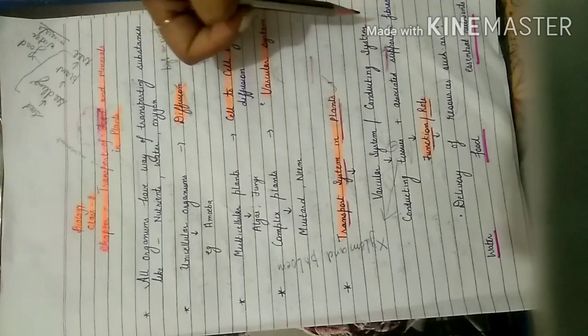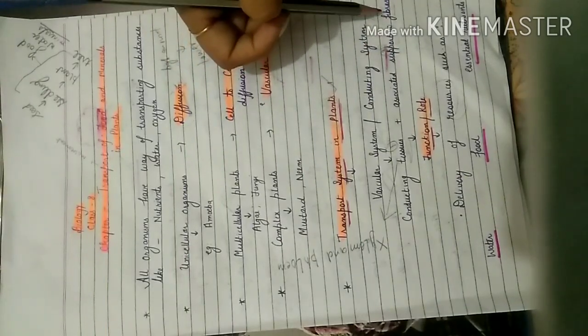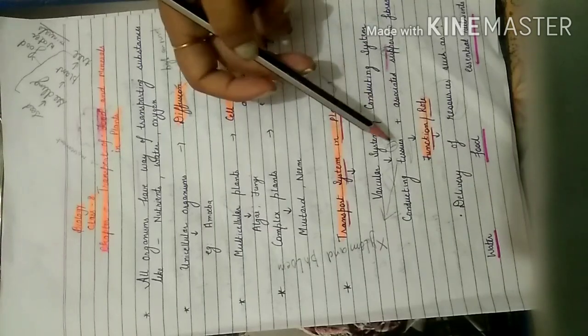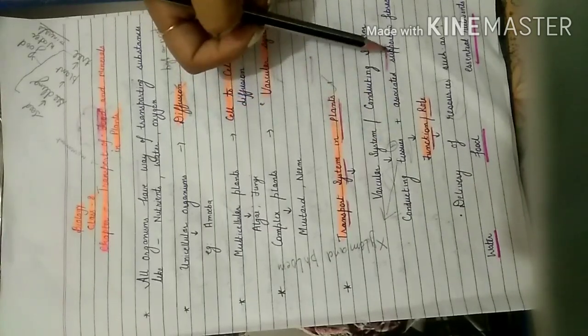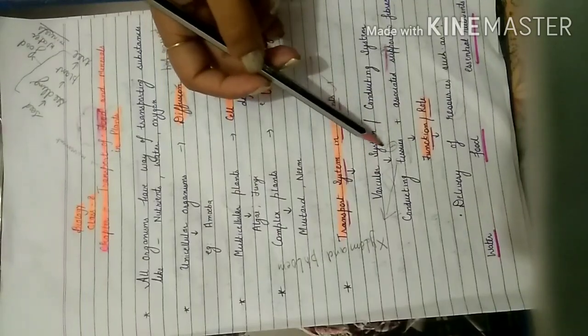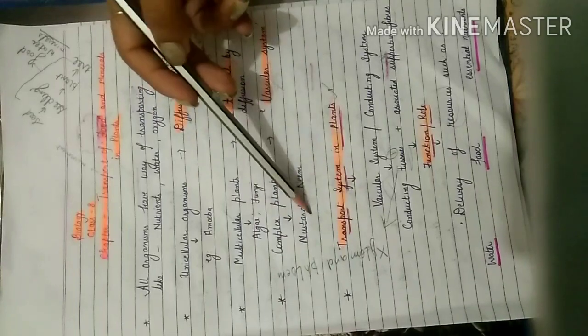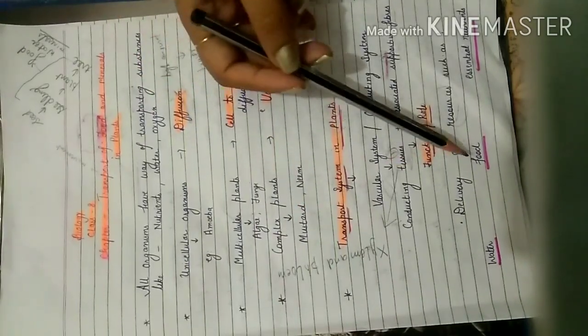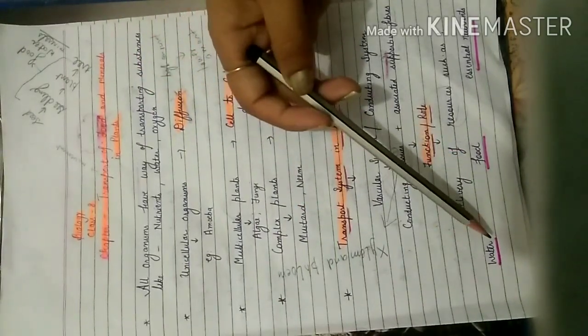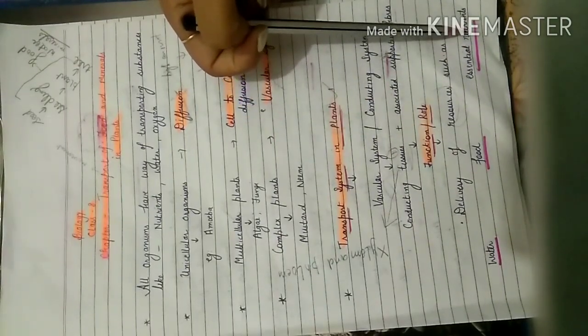Xylem and phloem and their associated supportive fibers, meaning some fibers are associated with these tissues which provide support to these tissues, which we will be studying. So what is the role of this system? Its role is to deliver resources. What type of resources? Water, food, essential nutrients, minerals, right?